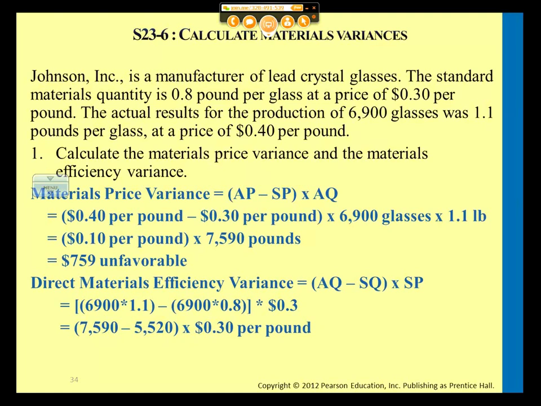Pounds were not given to us. We had number of glasses and how many pounds per glass, and so forth. And therefore, we calculated all of the variances we were interested in. And we also identified each as either favorable or unfavorable, right?